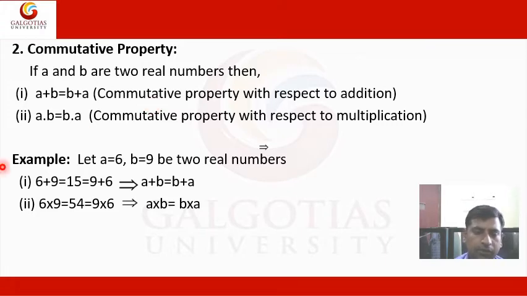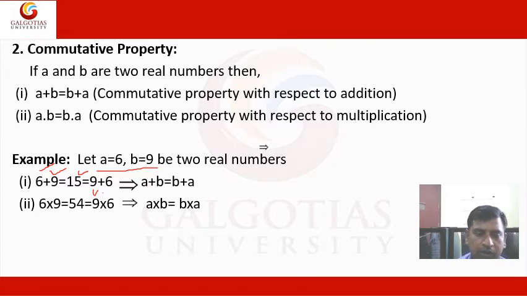So for example, we are taking here two numbers a and b. Here the value of a is 6 and value of b is 9. Suppose that I am taking a plus b, that means 6 plus 9, I will get 15. And second, I am changing the order. First I take b plus a, so 9 plus 6.